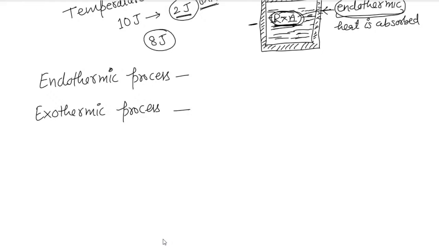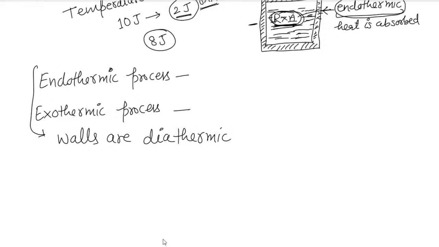Now tell me, if an endothermic process is there and walls are diathermic, that means walls are conducting.